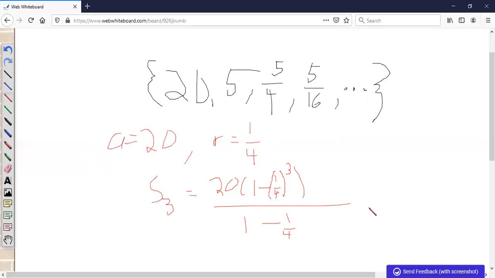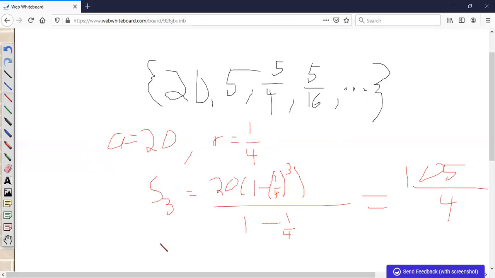And what we end up with here is 20 times 63/64 over 3/4, which would give you 20 times 21/16. But then, of course, that gives you 5 times 21/4, which is 105 over 4.